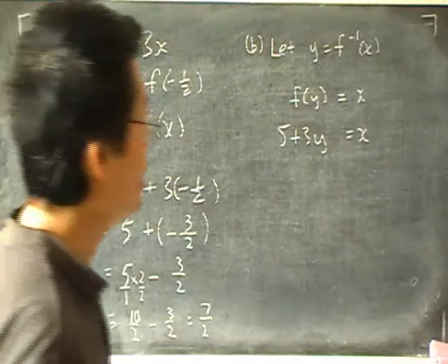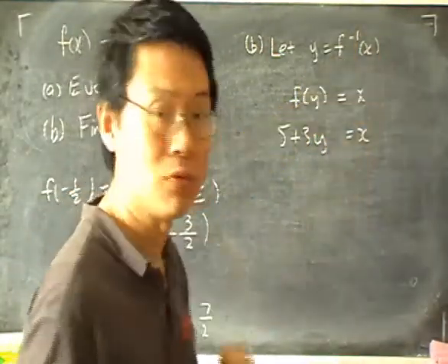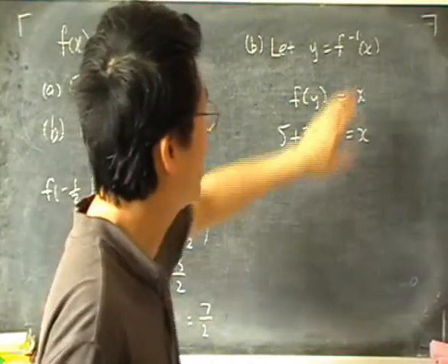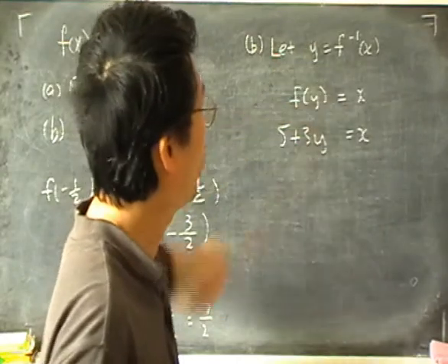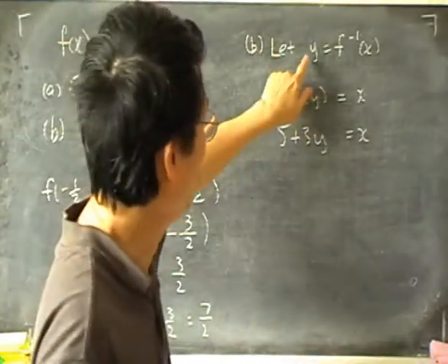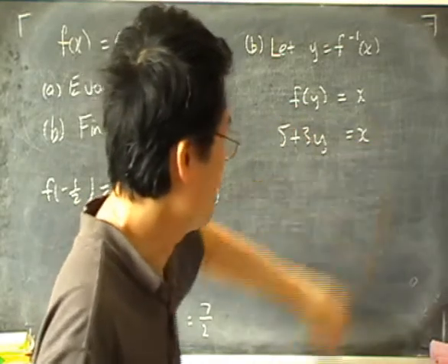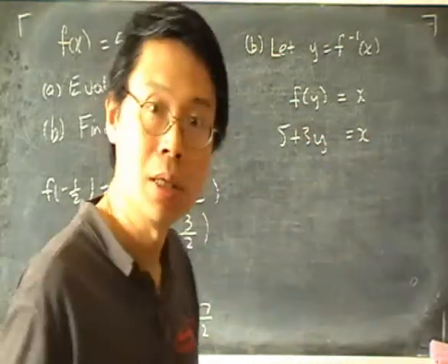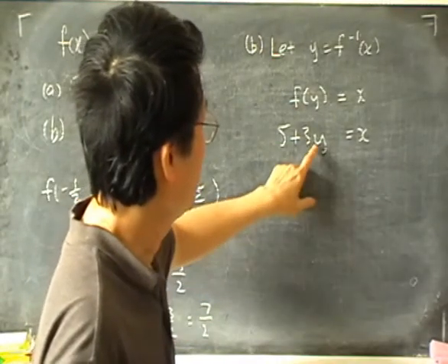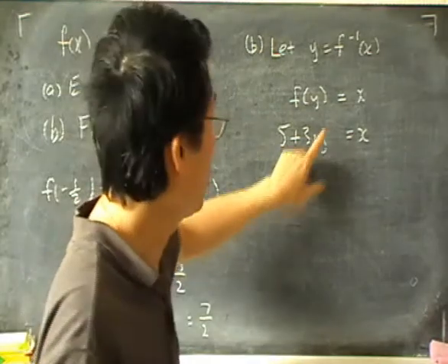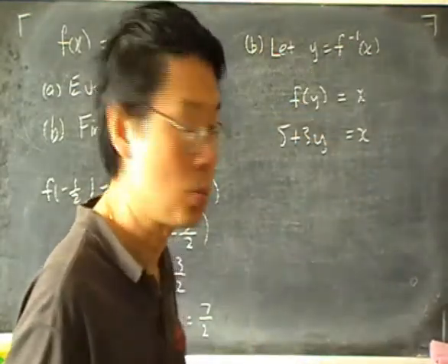Now remember that we really want to find f inverse of x, and that f inverse of x is actually y. We've given it the name y. What we have in this step is an expression here that has y and x, and that means that we have to find y, because y is the inverse of f, which is what we want.